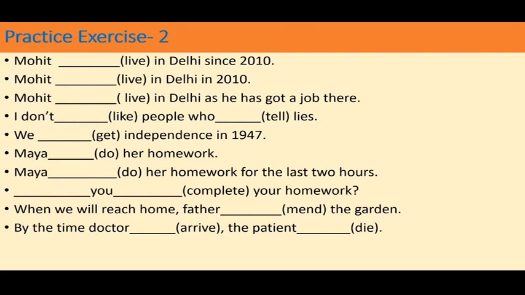In the bracket the verb is complete. And in this sentence, as you see, you have to use the auxiliary verb also. When we will reach home, father dash the garden. In the bracket the verb is mend. By the time doctor dash the patient dash. The two verbs are arrive and die.